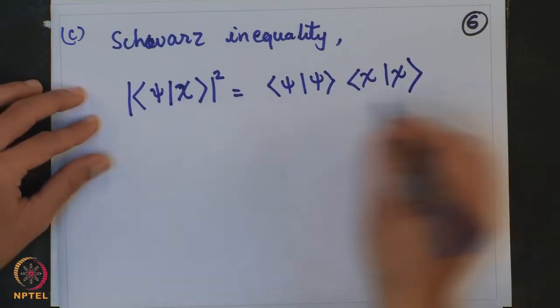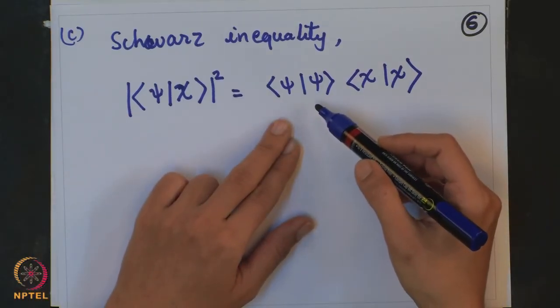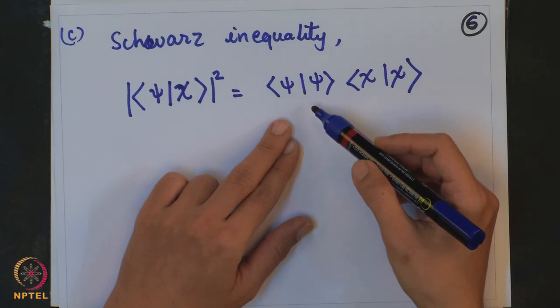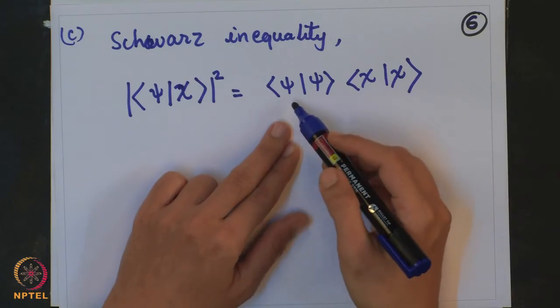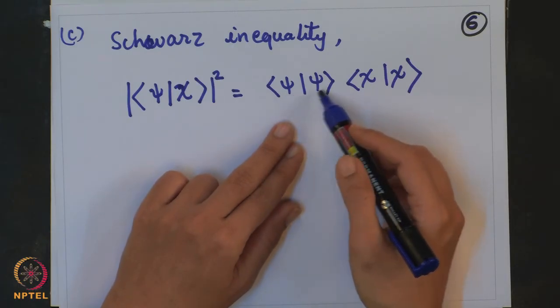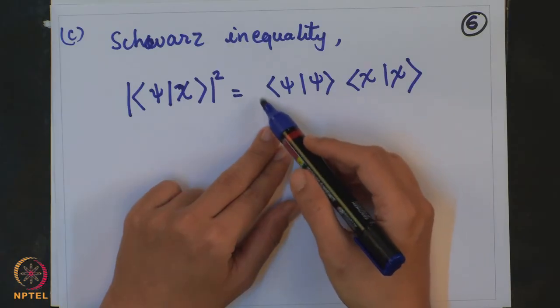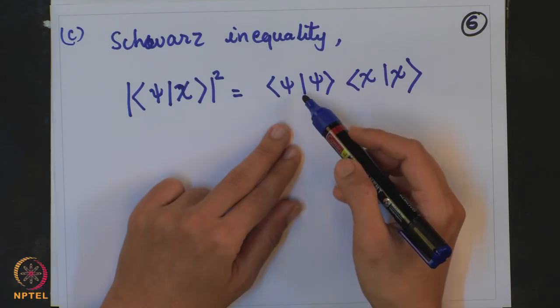This is very simple to check. You have to calculate the norm of psi. Rather, you calculate the psi square. Norm of psi will be the square root of this. So, basically we are not calculating the square root of this.